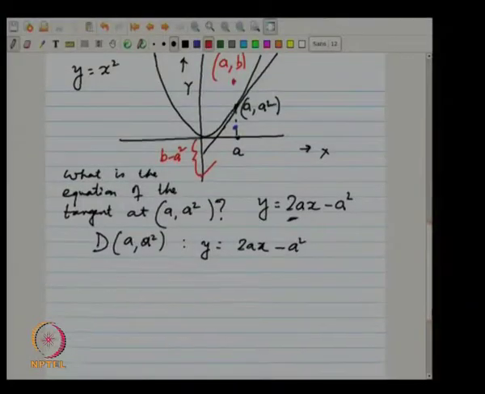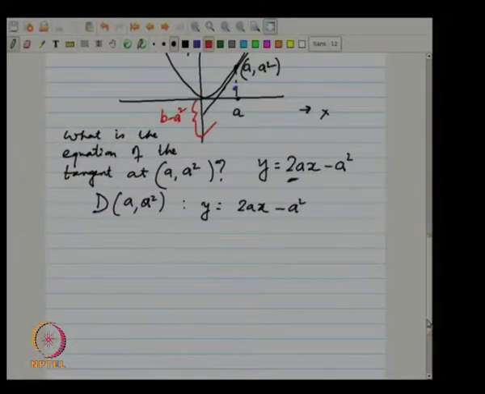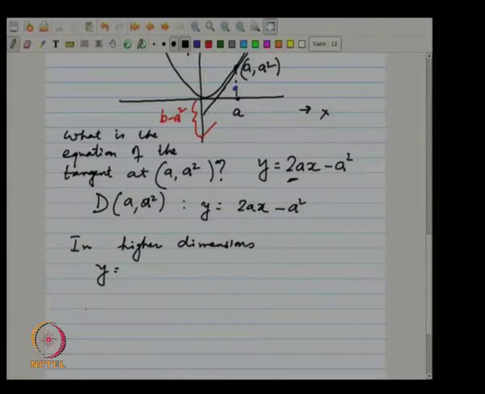So, when you go to higher dimensions, what happens? Can you guess what should be the dual transform if we use the same kind of idea? So, in higher dimensions, you then talk about a paraboloid.